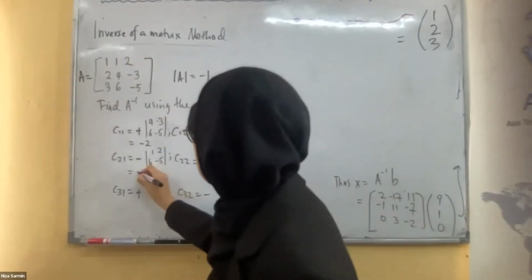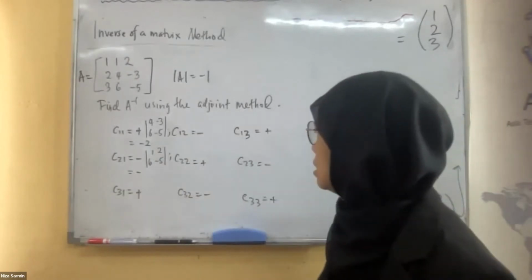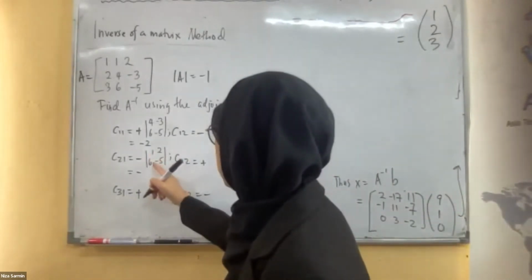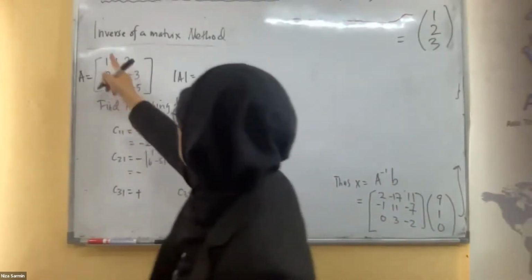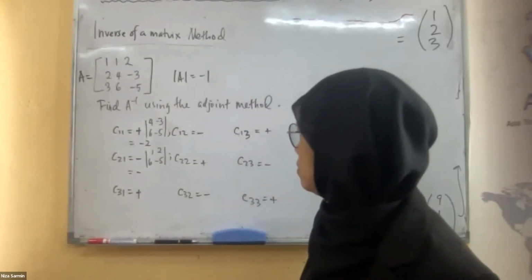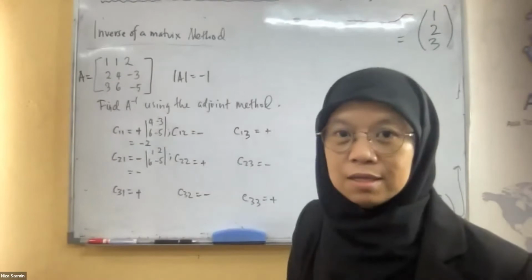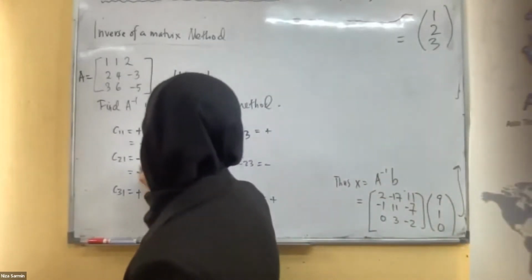So this is negative of -5 minus 12, right? Because you have 1, 2, 6, -5. -5 minus 12 is -17. So plus 7.